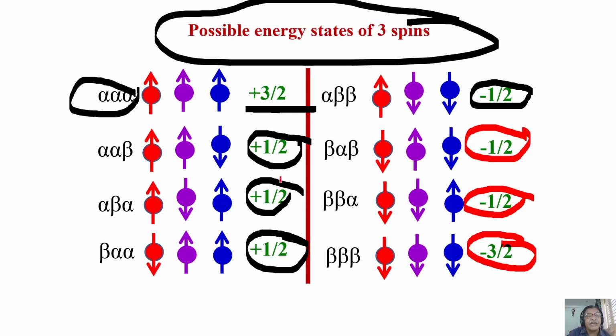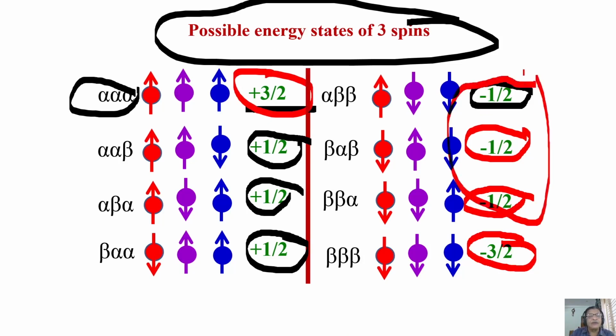They have the same energy state. Remember, all are plus half, plus half, plus half. Same energy state. This is 3 by 2. This is a different energy state. Similarly, this is minus half, minus half, minus half. What about this? This is minus 3 by 2.